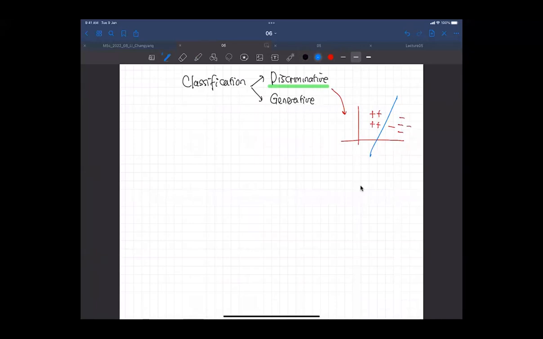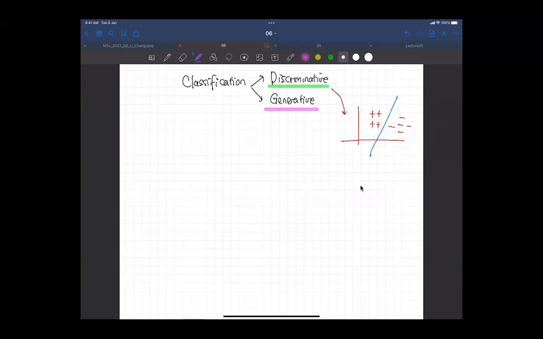In discriminative, you cannot generate synthetic data because you cannot have any knowledge about the distribution. I will explain the generative first, so then you can see the difference.